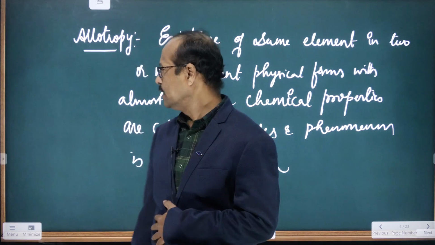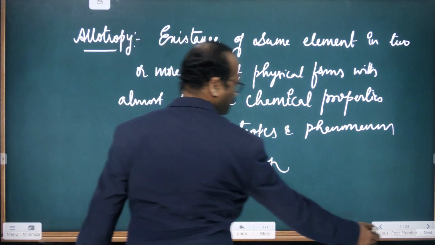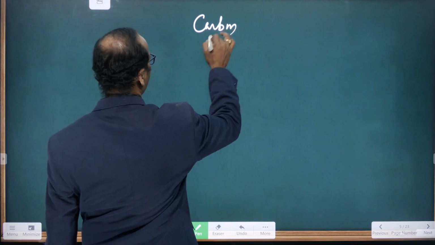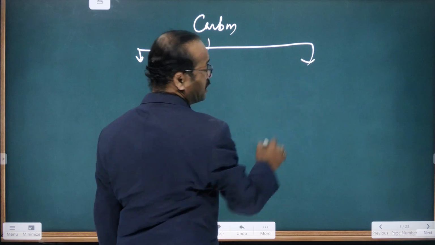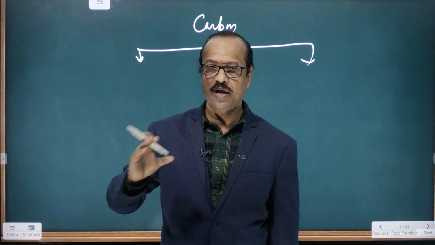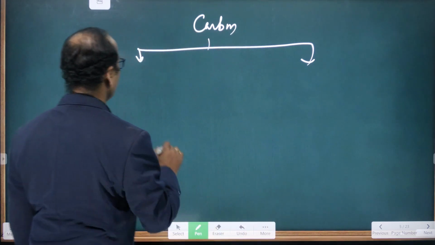So here carbon is mainly available in two allotropic forms. We are not going into detail here, students, just in brief. In the next coming chapters we have one topic in detail, so there we will discuss it.